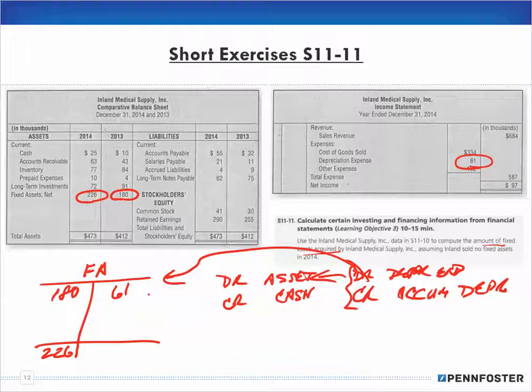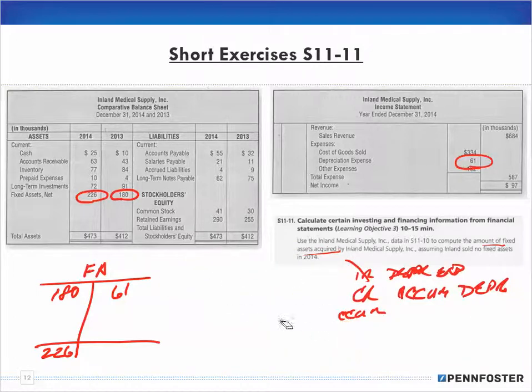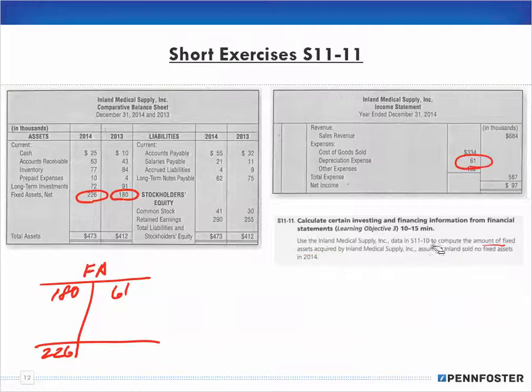It's accumulated depreciation, right? This could be broken out into two separate accounts. I can have the fixed asset here, and then I can have the accumulated depreciation here, but I don't need to, because I'm thinking about it in totality. I'm thinking about the book value of that particular asset.